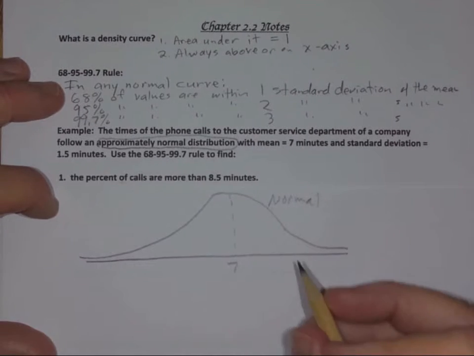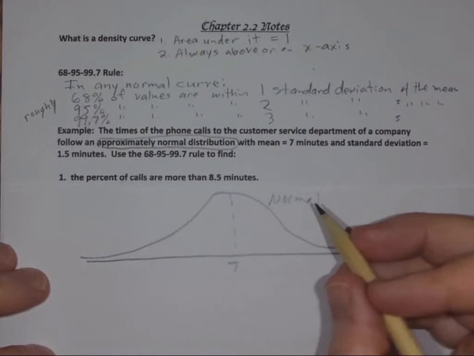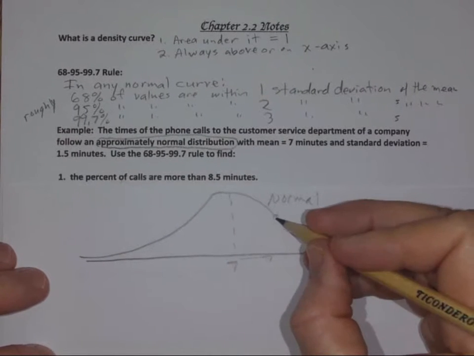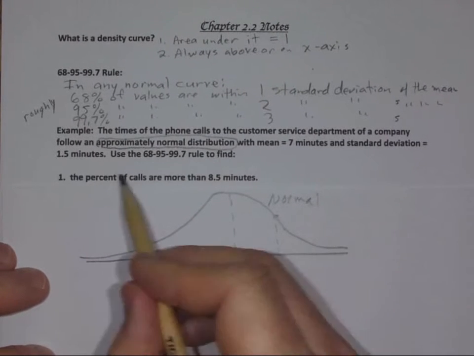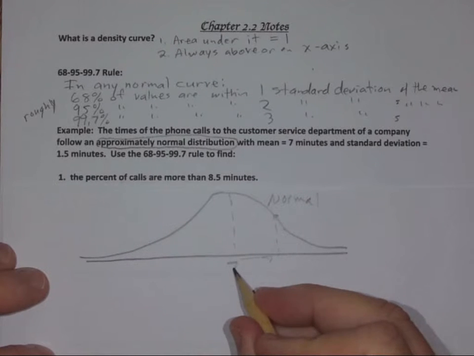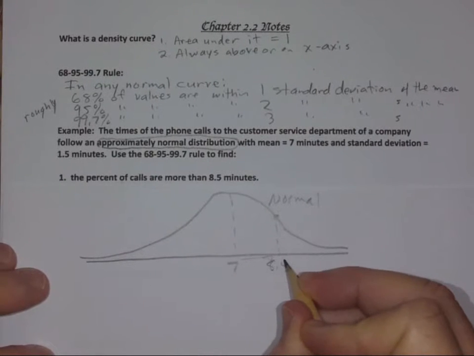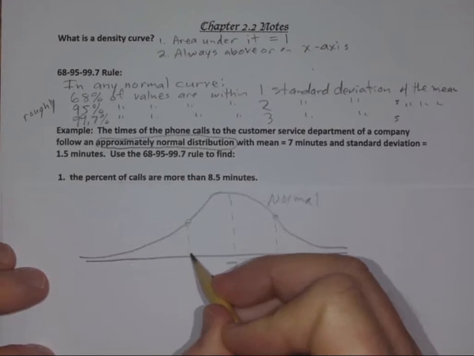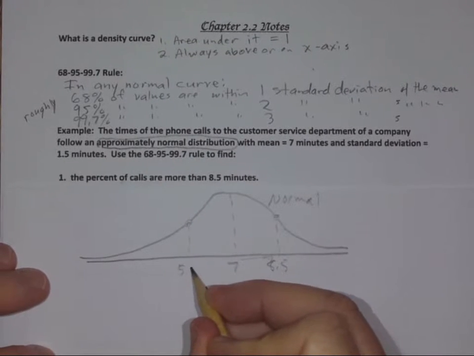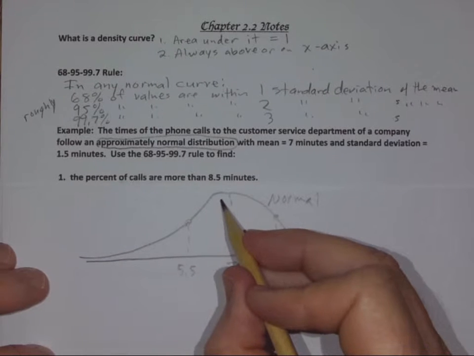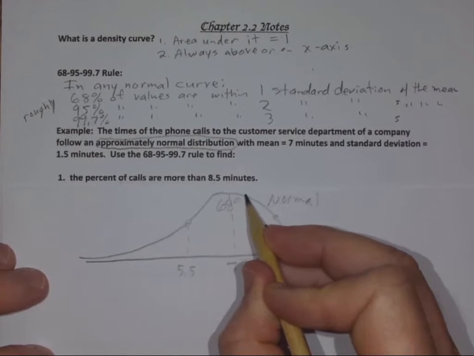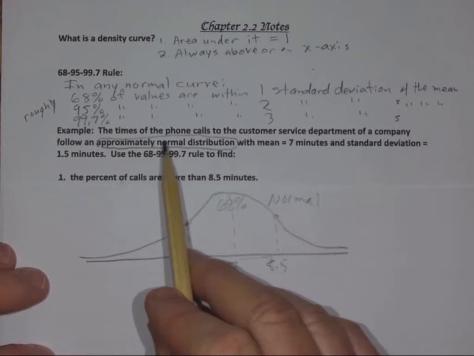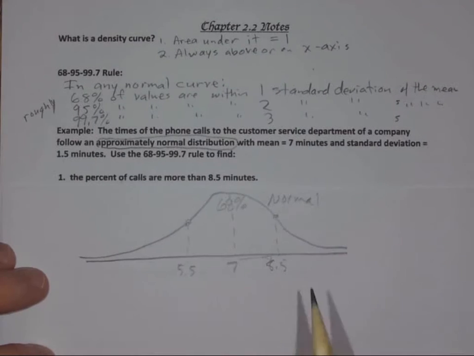If I go up 1 standard deviation, that is over to here, halfway down this hill at the inflection point. 1 standard deviation is 1.5, so that would be at 8.5. And if I go down 1 standard deviation, that'd be halfway down this hill at this inflection point, which would be 5.5. So I know right now that 68% of the values, in this case the times of the phone calls, are between 5.5 and 8.5.